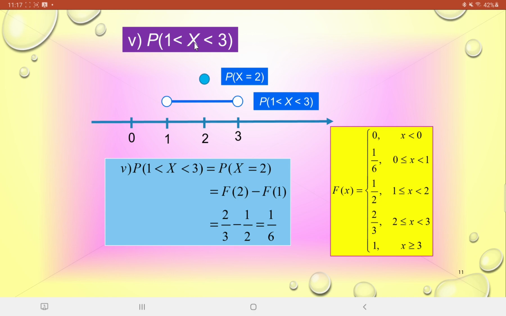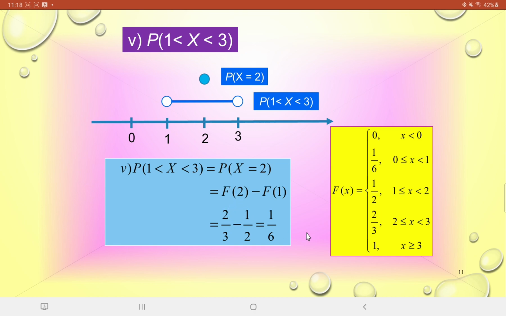Next, probability x more than 1 and less than 3. Probability x more than 1 and less than 3 is equal to probability x equal to 2. So, to find probability x equal to 2, we subtract F(1) from F(2).